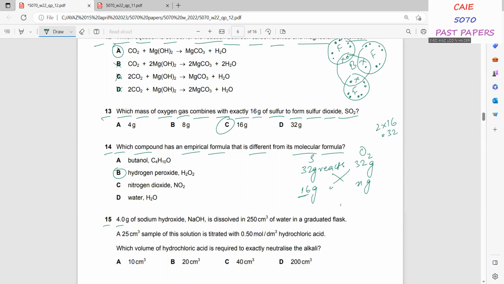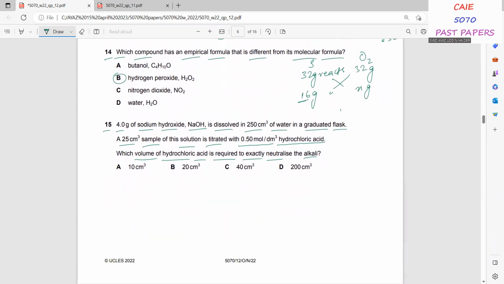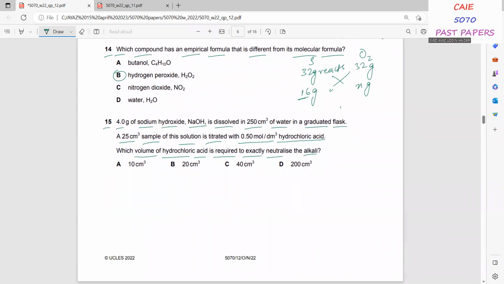15. 4 grams of sodium hydroxide, NaOH, is dissolved in 250 cm³ of water in a graduated flask. A 25 cm³ sample of this solution is titrated with 0.5 mol per dm³ hydrochloric acid. Which volume of hydrochloric acid is required to exactly neutralize the alkali? I will write the reaction between these two: NaOH plus HCl gives NaCl plus H2O.